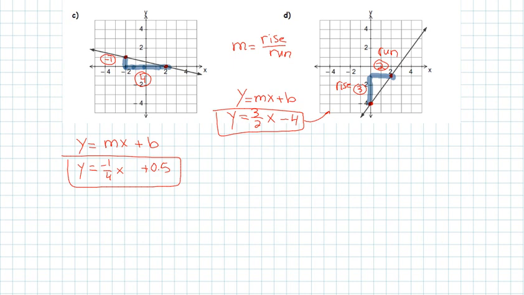Are you guys okay with this? Okay. Can I move to the next page?